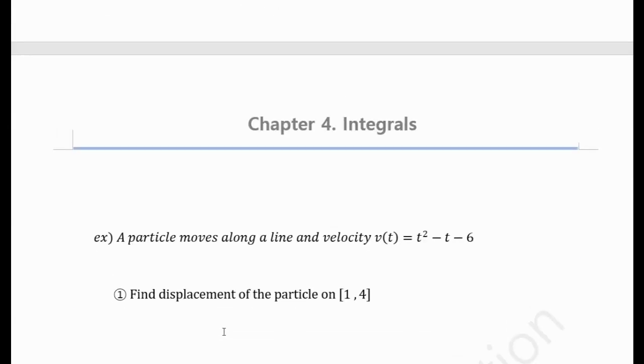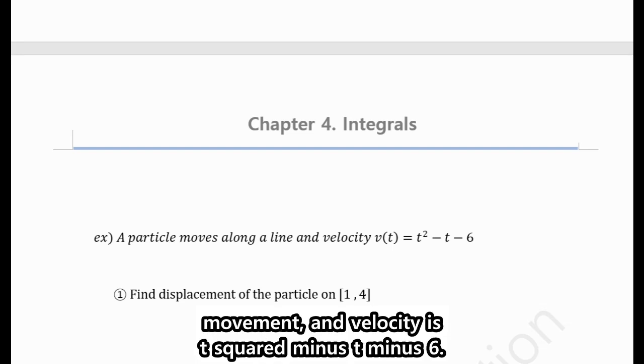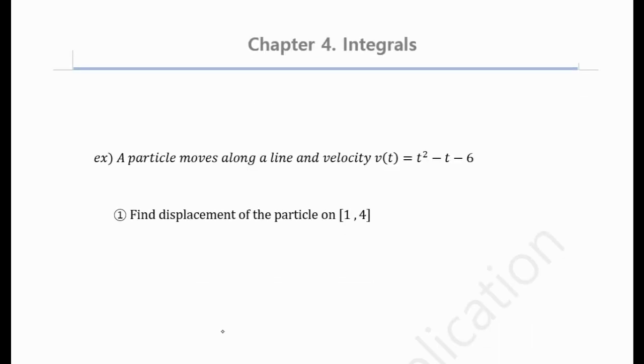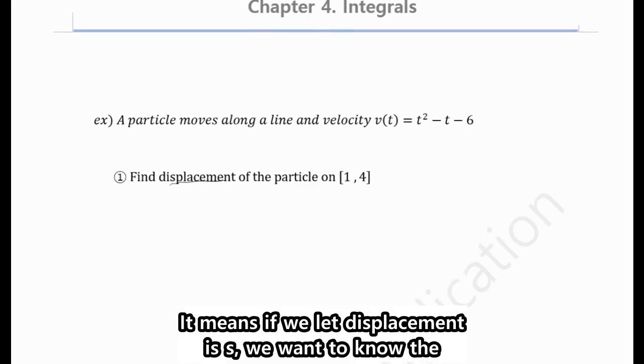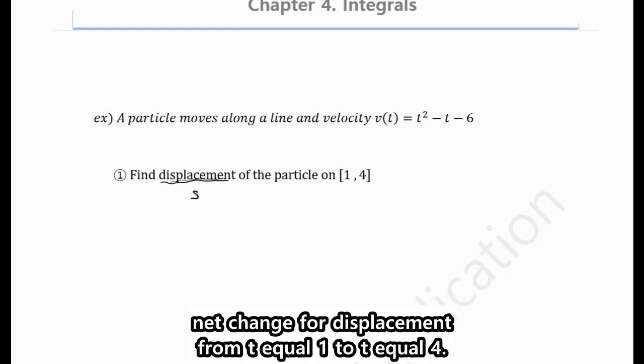So we take an example. A particle moves along a line, a one-dimensional movement, and the velocity is t squared minus t minus 6. Find the displacement of the particle from t equal 1 to t equal 4.